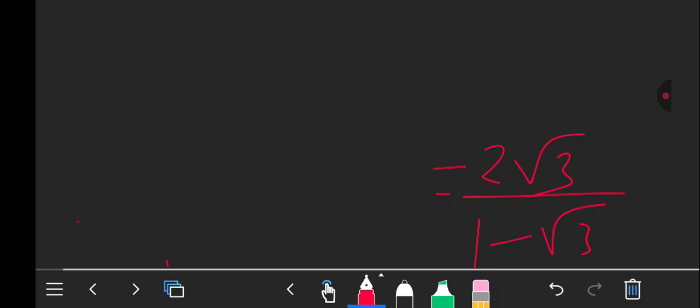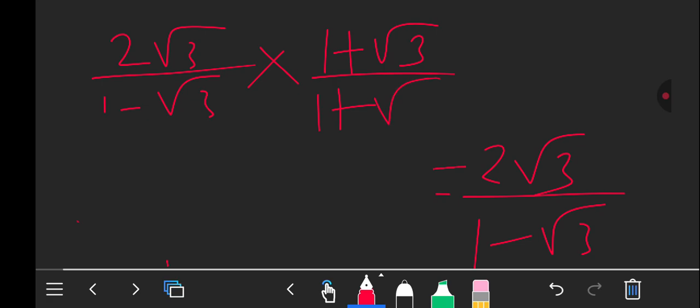So how can we simplify this now? Here you can rationalize. Since we have 2 square root of 3 over 1 minus square root of 3, you can multiply by the conjugate of the denominator, which will be 1 plus square root of 3 over 1 plus square root of 3.